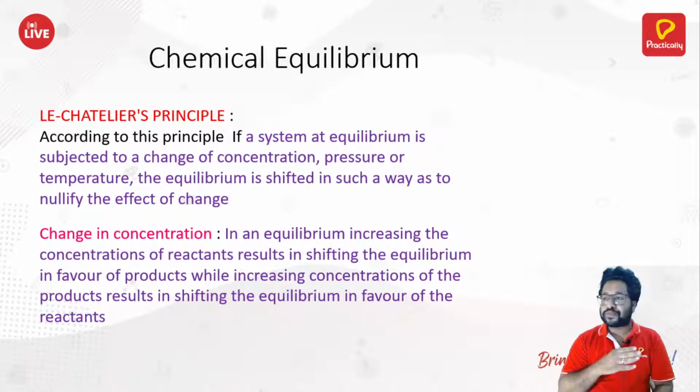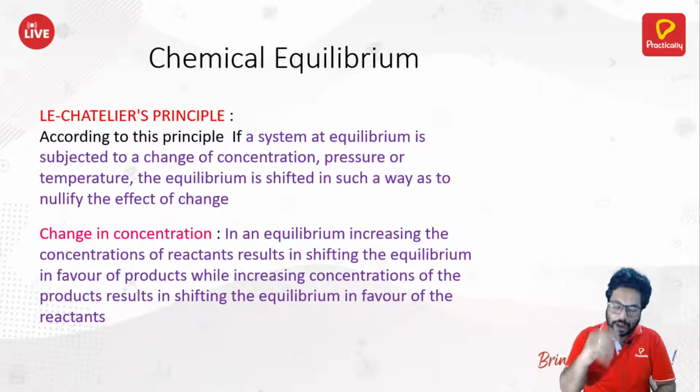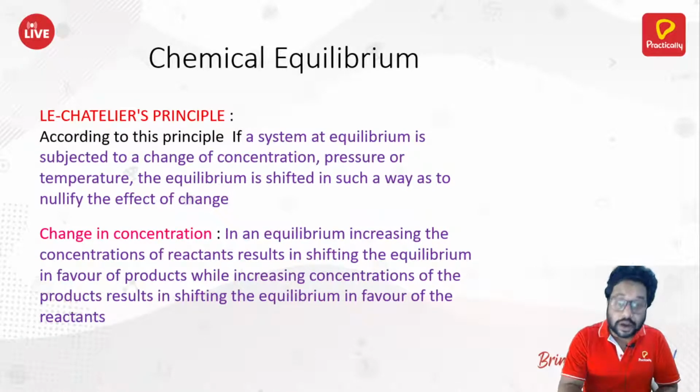He worked on so many chemical reactions. Out of them was Haber's process, where ammonia was formed from the reaction of nitrogen gas with hydrogen gas. Many different catalysts were tried, and a number of conditions of temperature and pressure were tried, and finally they reached a conclusion.